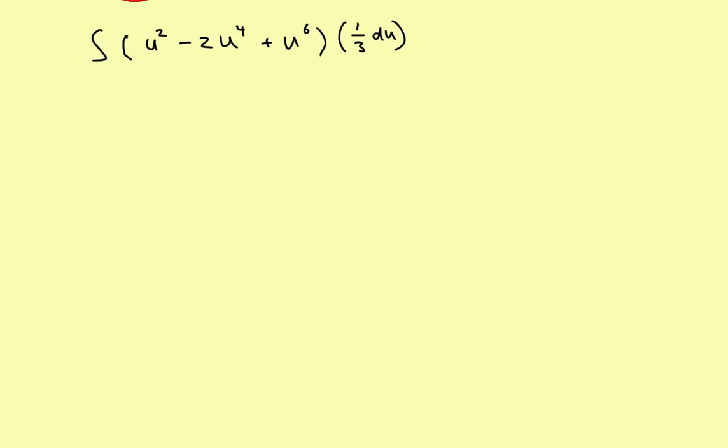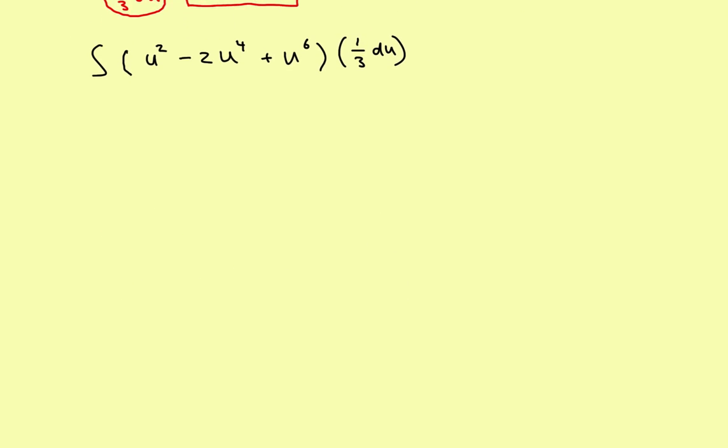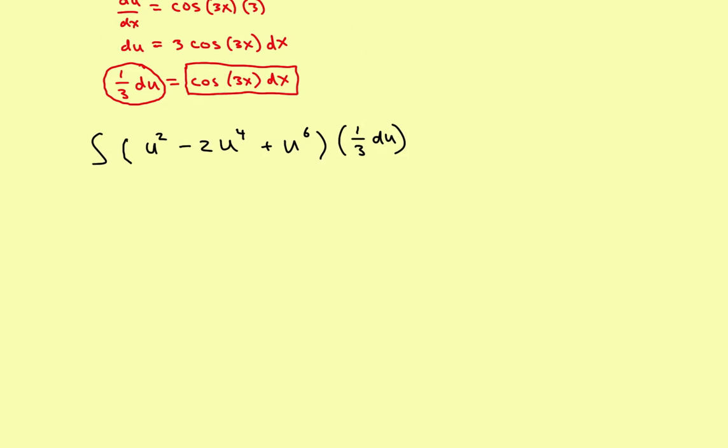Next thing to do is go ahead and take this 1/3. So take the 1/3 and move it out in front. So this will become 1/3 of the integral of u squared minus 2u to the 4th plus u to the 6th du. Okay, we'll go ahead and find the antiderivatives of each of those.